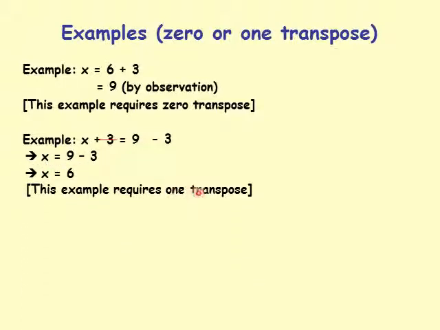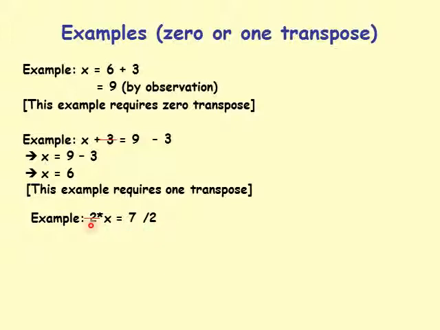So this example requires 1 transpose. We transpose plus 3 to the right, which becomes a minus 3. Next example is 2 times x equals 7. So we had x, a number I'm thinking of, multiplied by 2, and the answer is 7. I'm going to transpose the 2 times from the left, which becomes divided by 2.